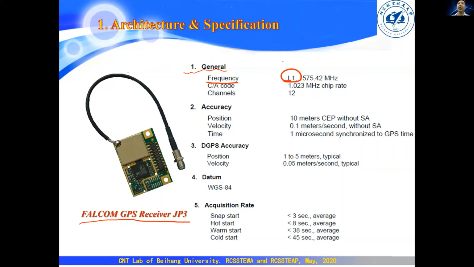L1 means it receives the GPS L1 signal at 1.5 gigahertz. This is for GPS, so this is the frequency.